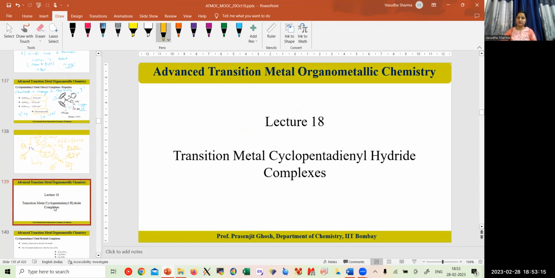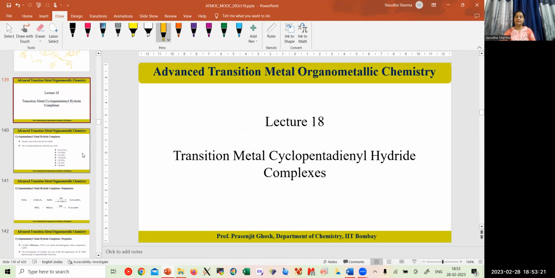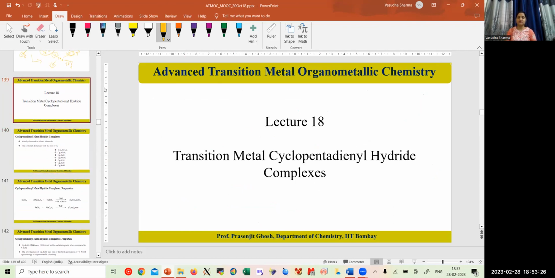So lecture 18 will, I guess, comprise all the properties, more or less from the 19th and 20th also. Earlier we came to the transition metal Cp complexes, the metallocene.